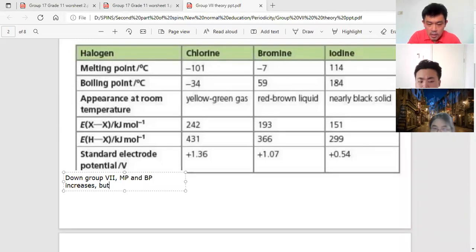But the bond energy decreases. Give explanation.